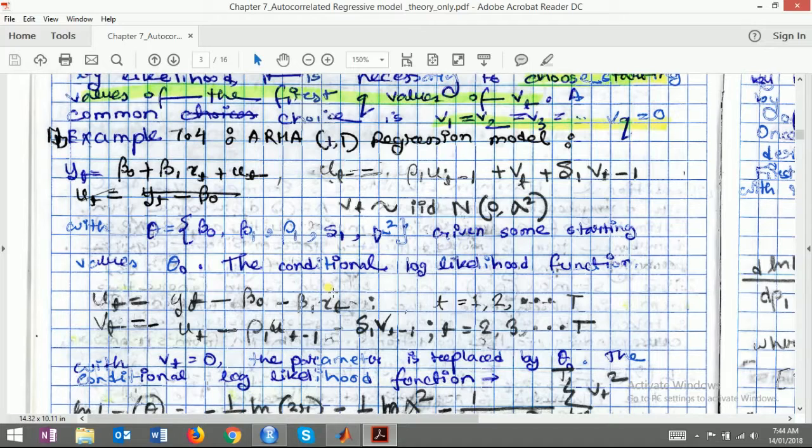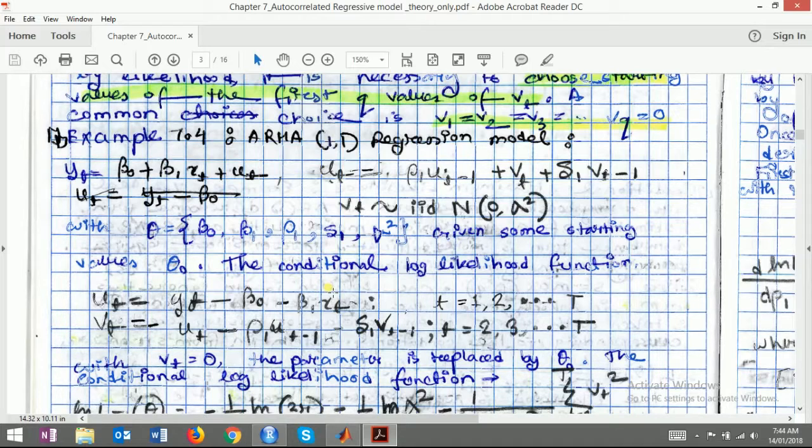So t equals 2 to T. Why t equals 2 to T? Because we are talking about ARMA 11, where rho equals 1, delta equals 1. So the first vt, or v1, will be 0, and t equals s plus 1.